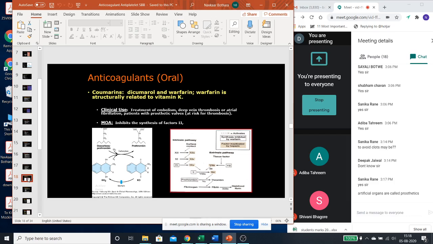The mechanism is that it inhibits the synthesis of factor 2, and you can see the mechanism of how prothrombin is activated, and how vitamin K plays an important role in it. Warfarin blocks this vitamin K activation, which is important for the carboxylation.